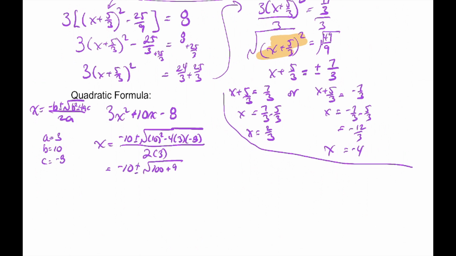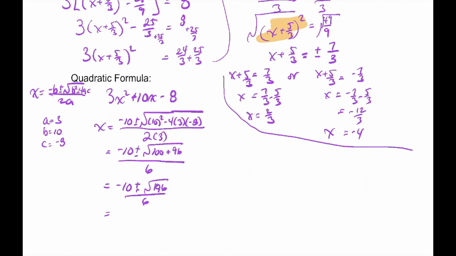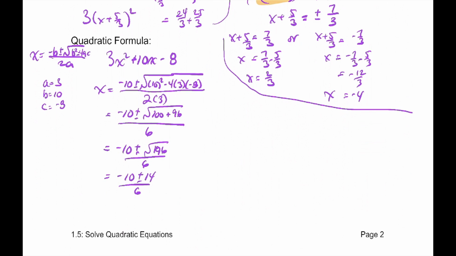So it's going to be a positive 96, all over 6. Minus 10 plus or minus the square root of 196 over 6. So the square root of 196 works out perfectly to be 14 over 6.